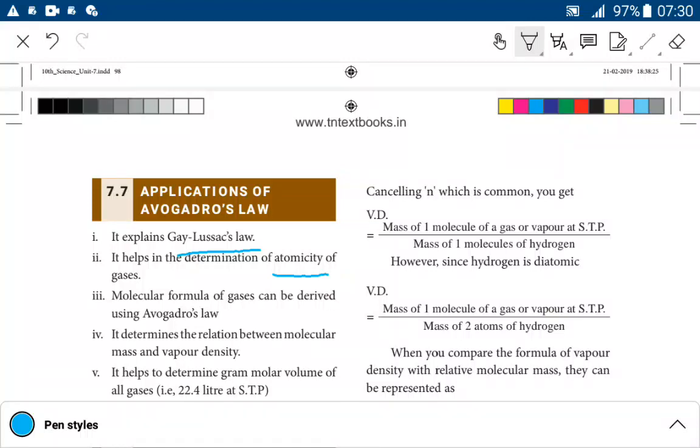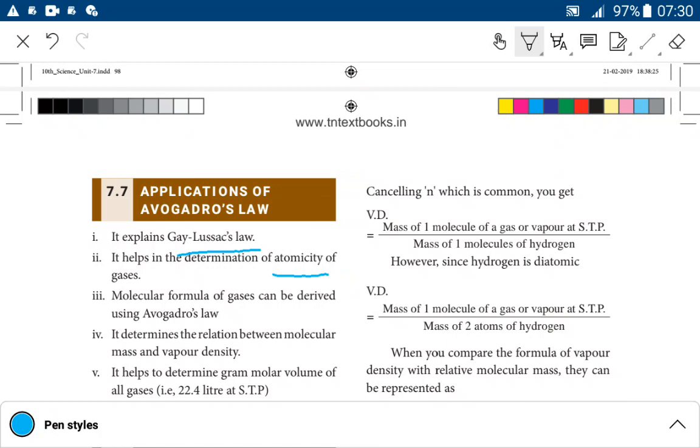Gay-Lussac's law derives from gaseous substances: whenever gases combine, they combine in a simple ratio, and if the product is also a gas, the simple ratio extends to the product. That is Gay-Lussac's law that you have already learned in 9th standard. Atomicity, learned in this lesson, is the number of atoms in a given molecule.